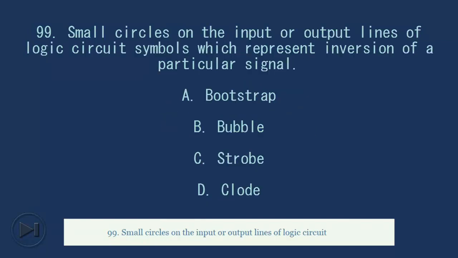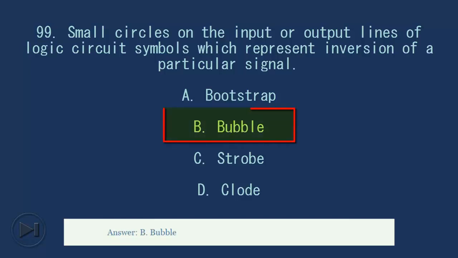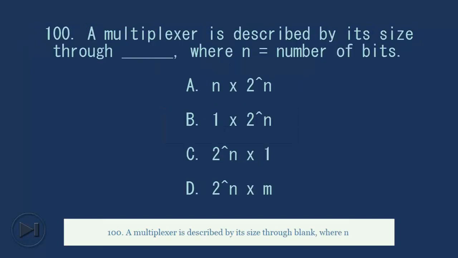Small circles on the input or output lines of logic circuit symbols which represent inversion of a particular signal. A. Bootstrap. B. Bubble. C. Strobe. D. Clode. Answer, B. Bubble.